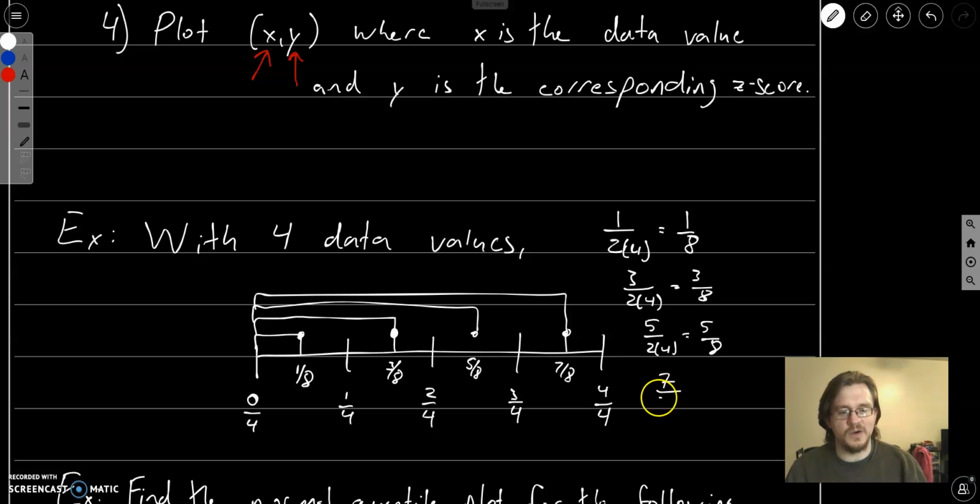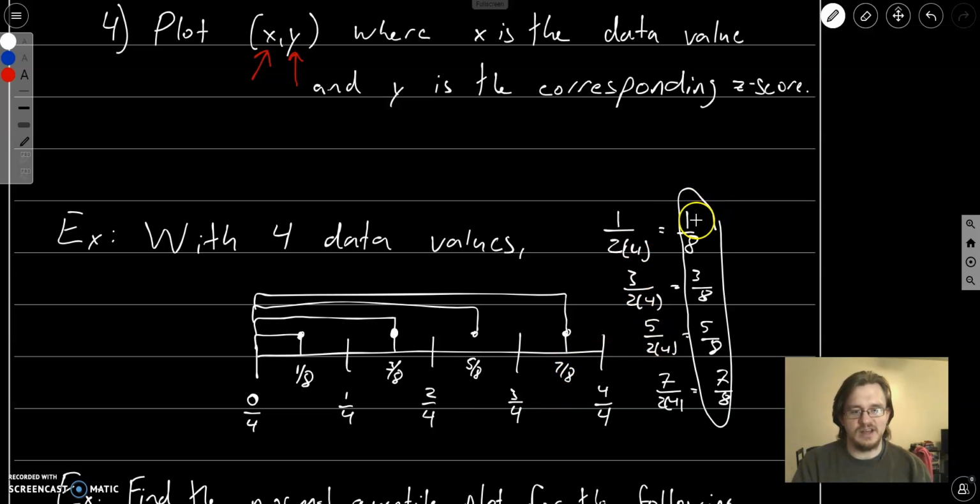And 7 over 2 times 4, which is 7/8. So it's just those 4 numbers. You don't have to draw this picture. We can just be counting up. So it's 1 over 2 times n, 3 over 2 times n, 5 over 2 times n, 7 over 2 times n, and we'll just keep going until we have 4 values.